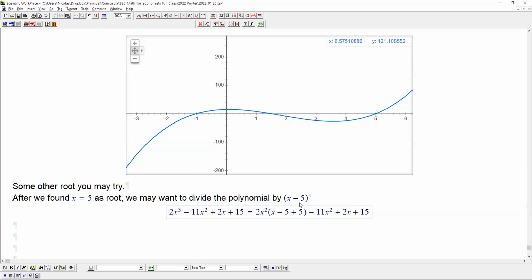I haven't changed anything, so it's still x squared multiplied by x plus 0, so x squared by x, right? And so now what I can do is just take it out. Take the minus 5, I don't need it. So plus 5 times 2x squared, that's 10x squared. 10x squared minus 11, that's minus x squared.